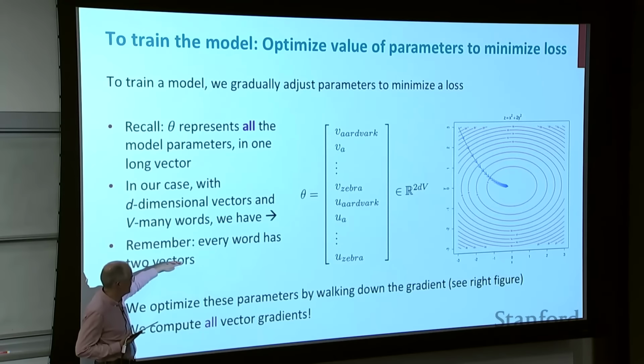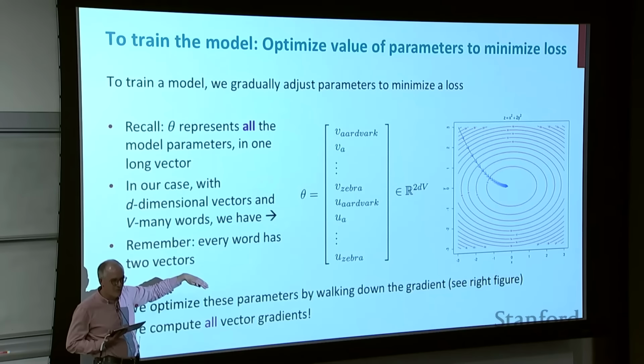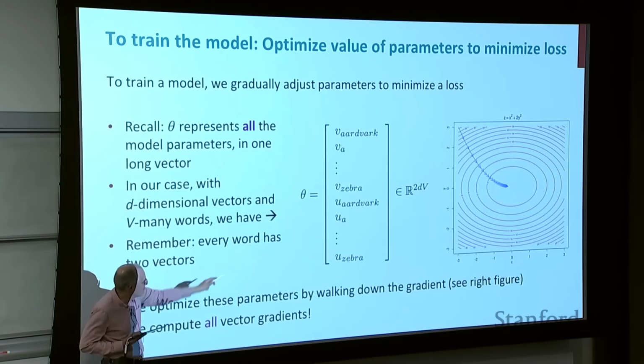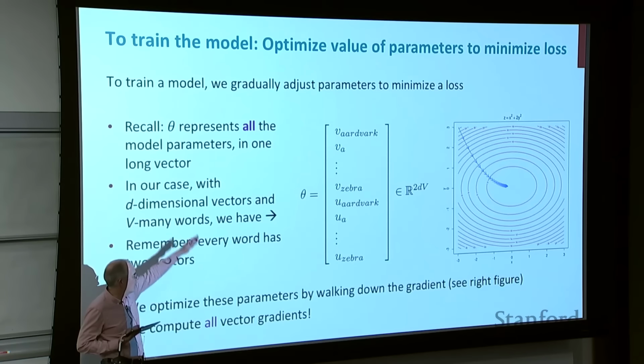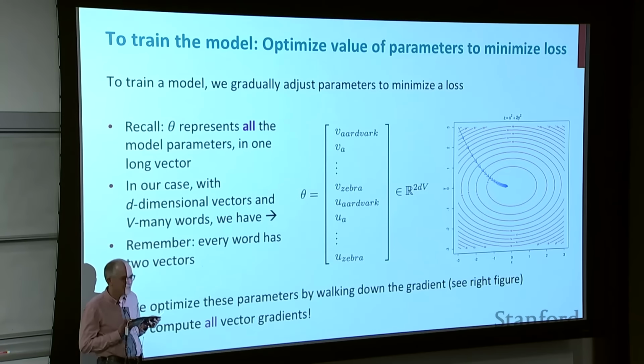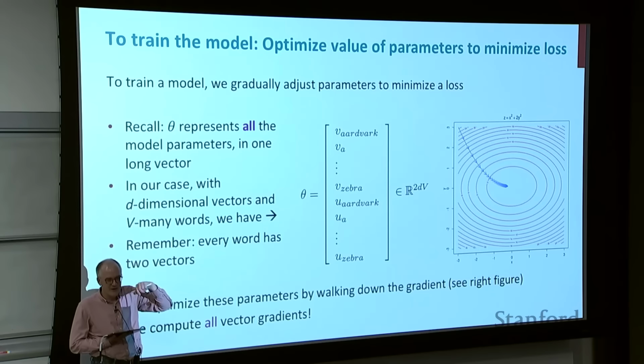In our case, we've got a lot more than two dimensions. Our parameters for our model are the concatenation of all the word vectors. But it's even slightly worse than I've explained up until now, because for each word we assume two vectors: one vector when they're the center word and one vector when they're the outside word.